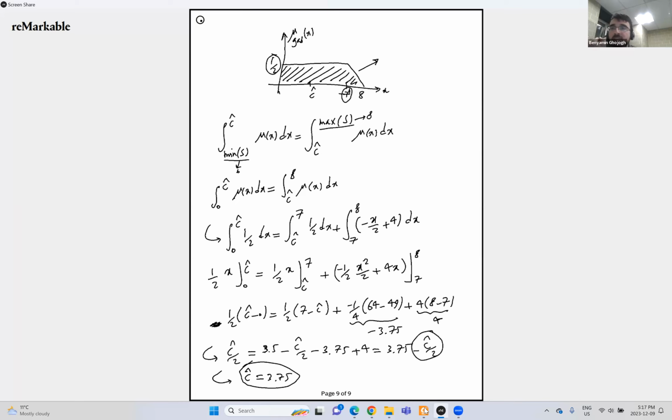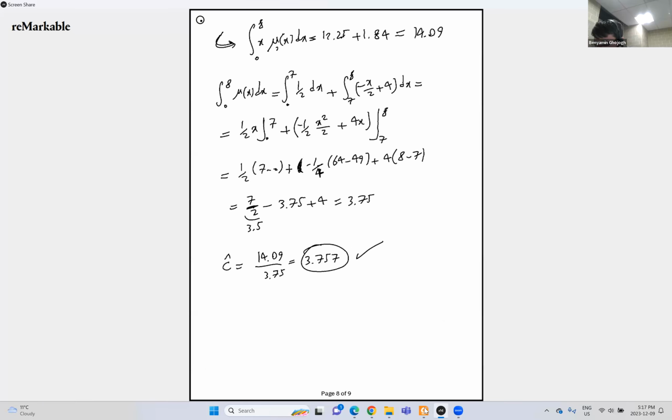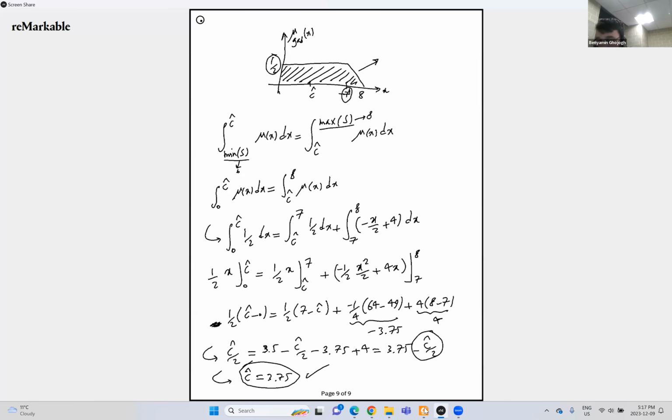Does it make sense? Is it in the domain of the output? Yes, between 0 and 10. Is it in the support set? Yes, between 0 and 8. Is it kind of in the middle? It needs to separate the area into two equal areas, right? Yes, almost equal. And interestingly, by chance, the solution of the bisector and centroid methods might be the same, but usually they are different.